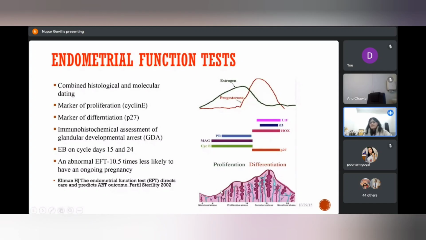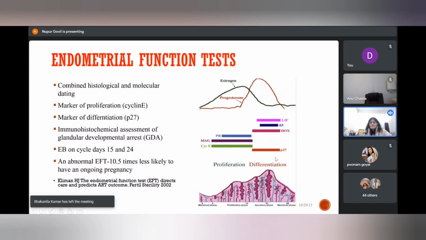So if on day 15, that is post ovulation, we see progestational changes in the histology of the endometrium, but it is not correlated with the expression of LIF, B3, HOXA-P27, or we see that PR, progesterone receptors, MAG receptors, cyclin E are still present on day 24, it predicts that there is a maturation delay.